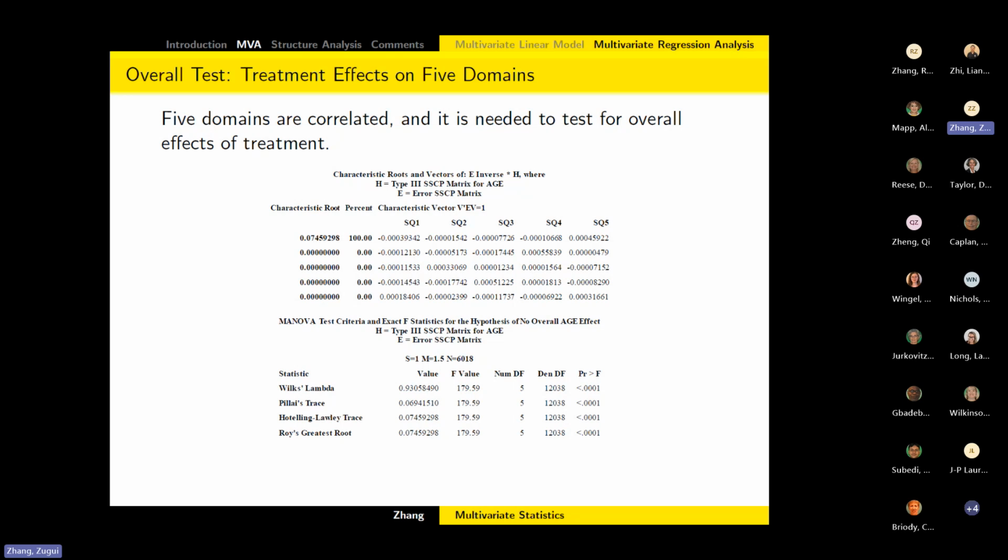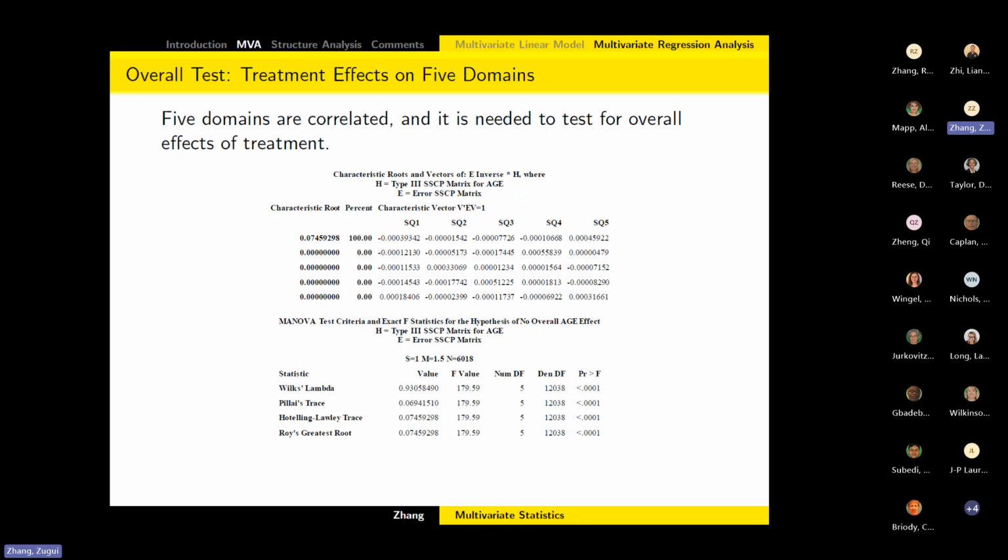Since the 5 domains are highly correlated, it is necessary for us to test for the overall effects of treatment and other variables like age. This is why, if we only conduct 5 separate ANOVA analyses, we will not necessarily capture the overall results for the 5 domain outcomes.